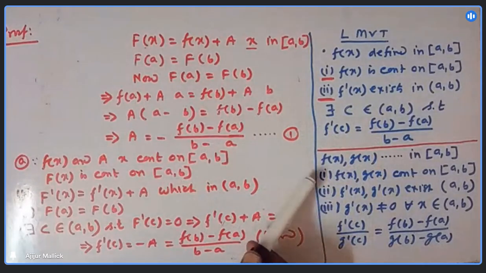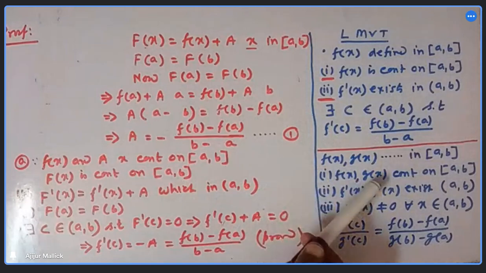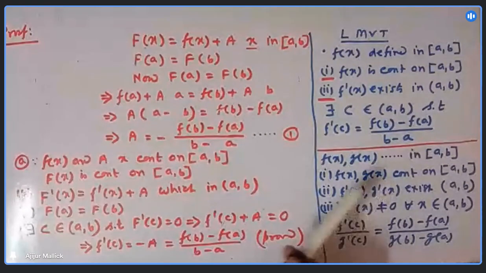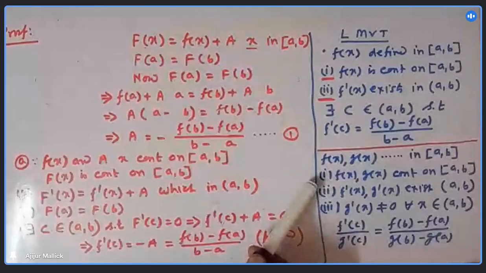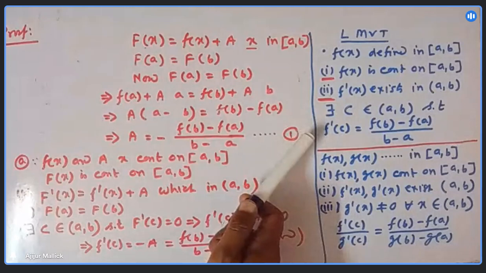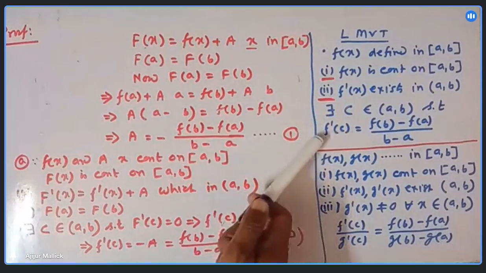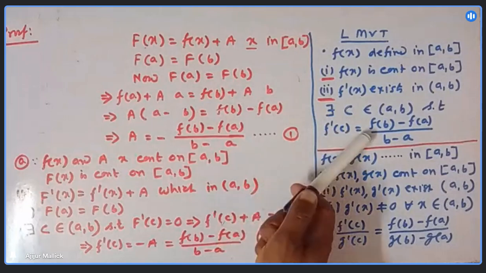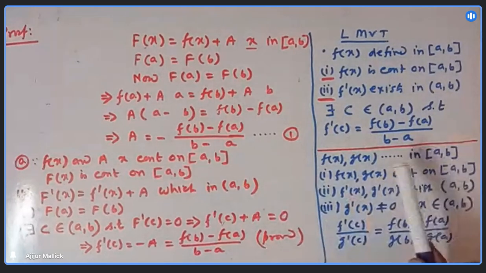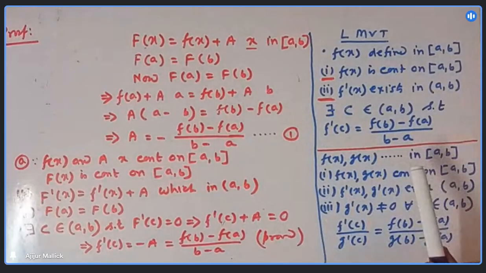Similarly g(x) is continuous and differentiable, so the g function also satisfies all conditions of Lagrange's mean value theorem, so for g you can find g dash c equal to g(b) minus g(a) divided by b minus a.